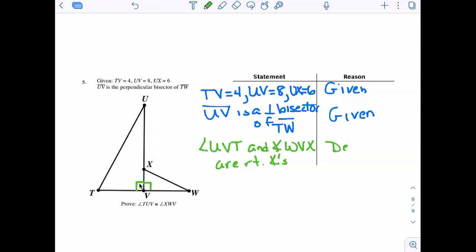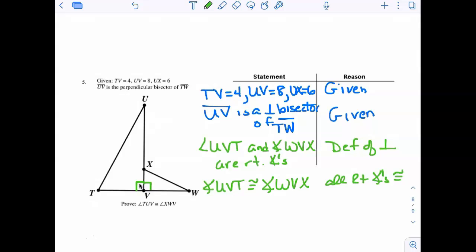And that's just by definition of perpendicular. And now we can state that those two angles are congruent because all right angles are congruent. So angle UVT is congruent to angle WVX, and that would be all right angles are congruent.